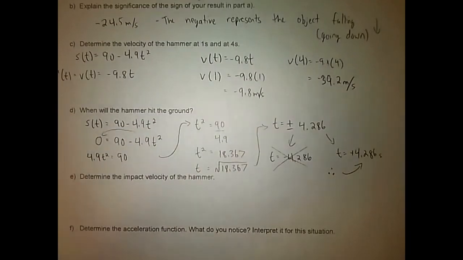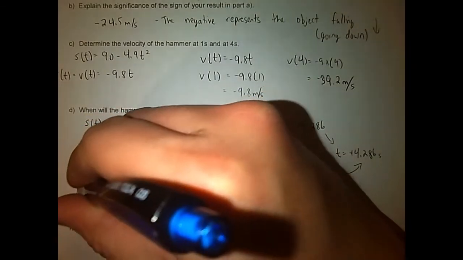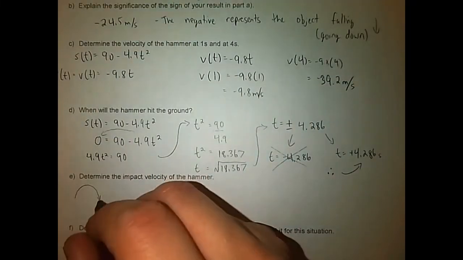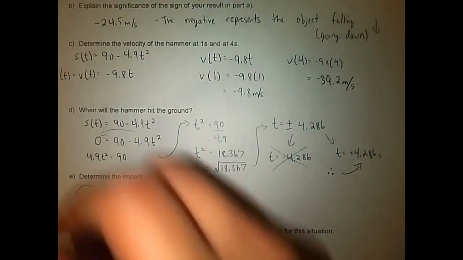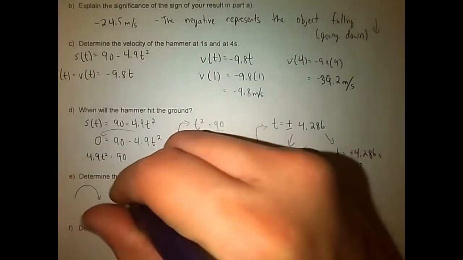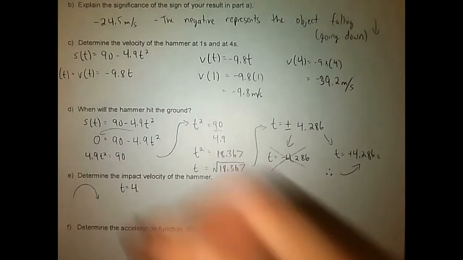Determine the impact velocity of the hammer. You're probably wondering, what is impact velocity? If we have this item hitting the ground, we just want to know when the item hits the ground, what is the velocity when it gets there? I guess I didn't really need a diagram. So what is the velocity when it hits the ground? We know it hits the ground at, let's say, 4.3 seconds.